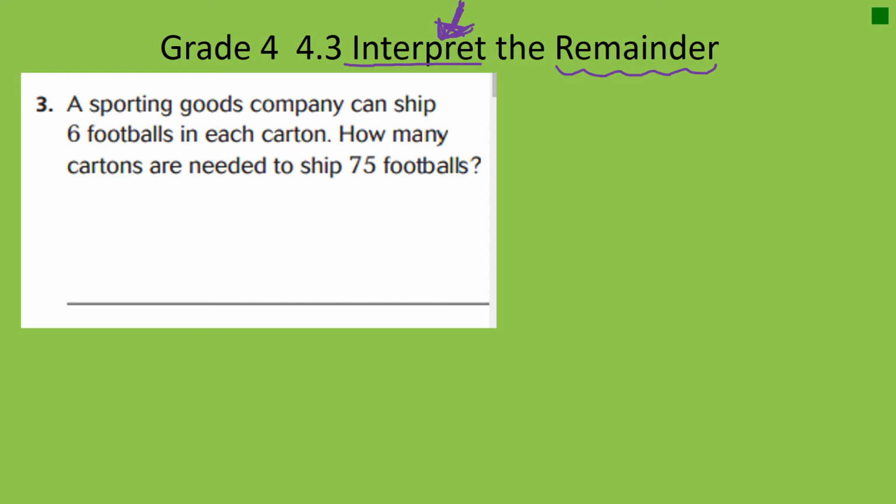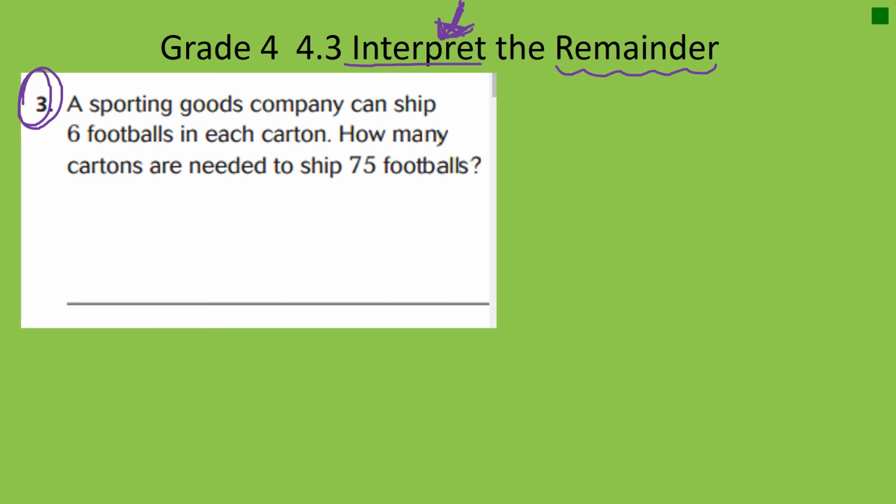So we're going to find some remainders, and we're going to have to really carefully go into the problem to figure out what to do with the remainder. Because in the real world, we don't talk about like, oh, I had 5 remainder 3 cookies. Like nobody talks like that, right?